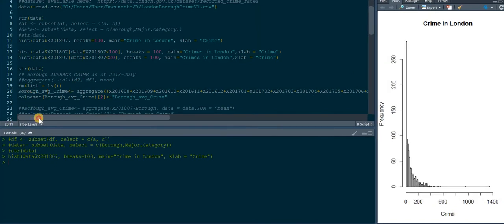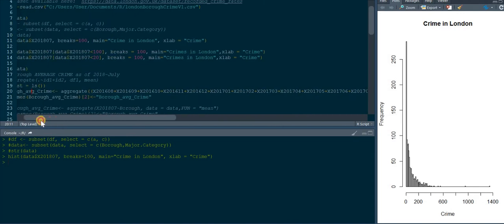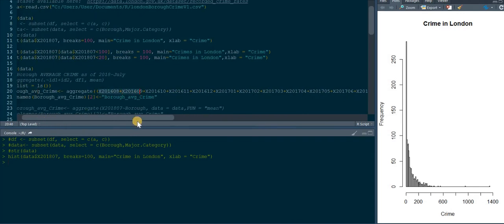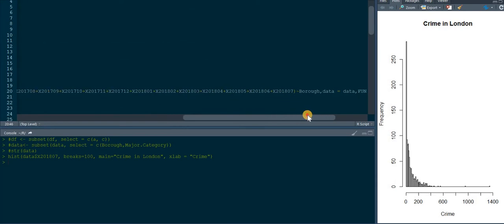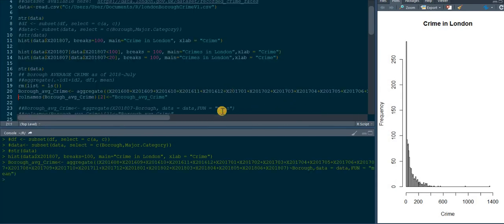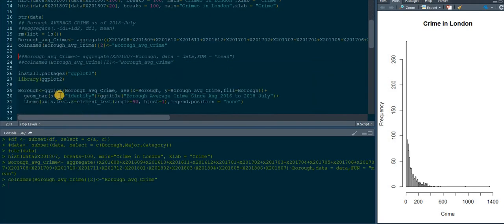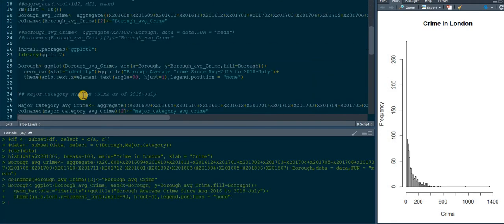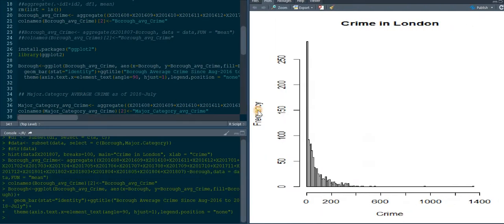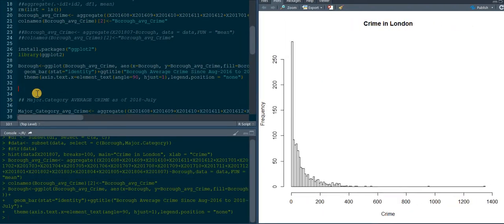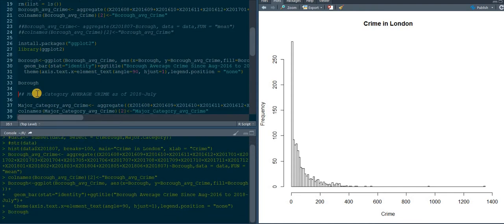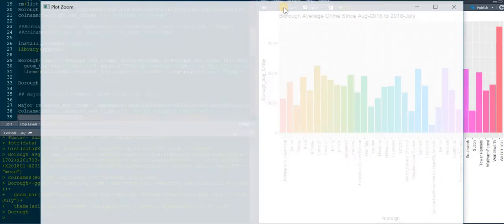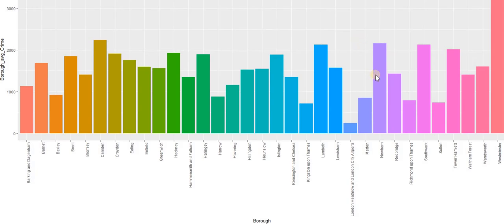So further ado, let's try and do the borough average. What I'm doing here is aggregating all the months by borough. If I plot this, and type in borough and press control enter, this should give us a nice bar chart.